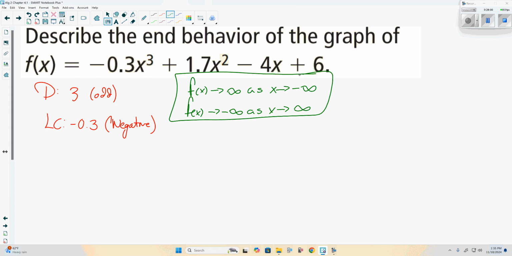Questions on this here? Yes. There's a lot to it, but not a lot to it all at the same time. Because again, this gives us an idea of what the graph is going to do or how it should behave. We know that the y values should be going in opposite directions.